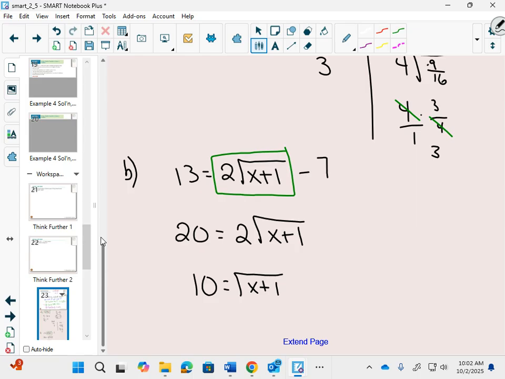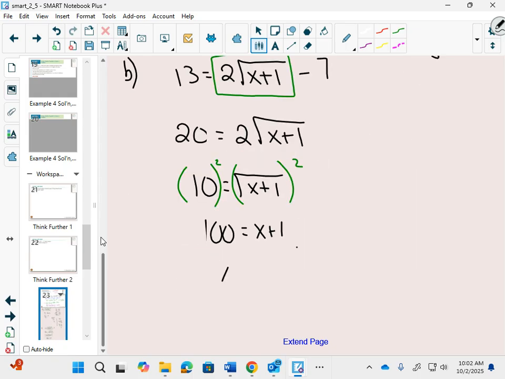So now I can square this side and square this side. And I get 100 equals x plus 1.